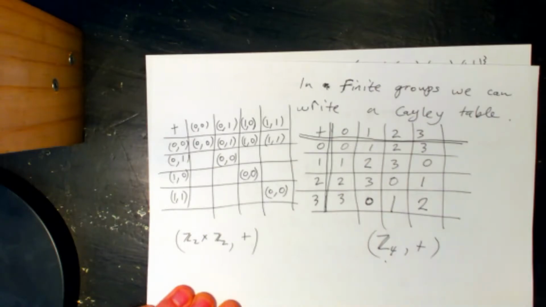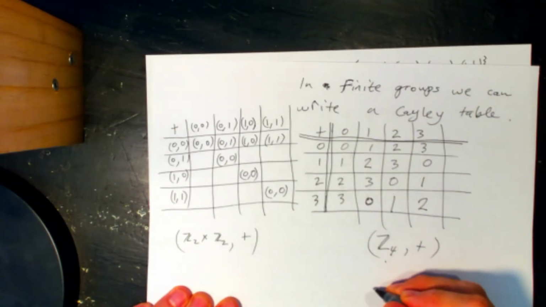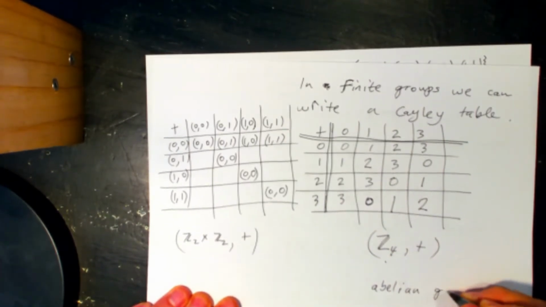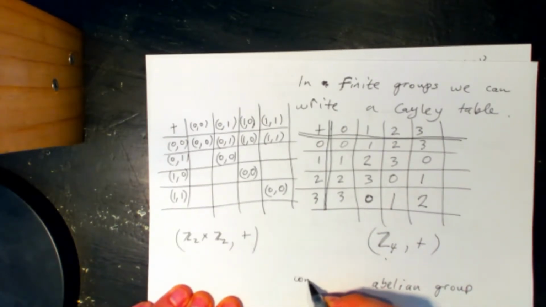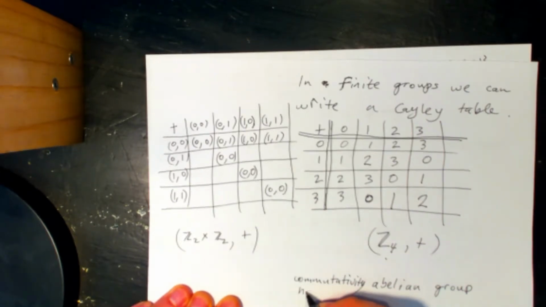And when we do have commutativity in our group, we call it an abelian group. Commutativity holds.